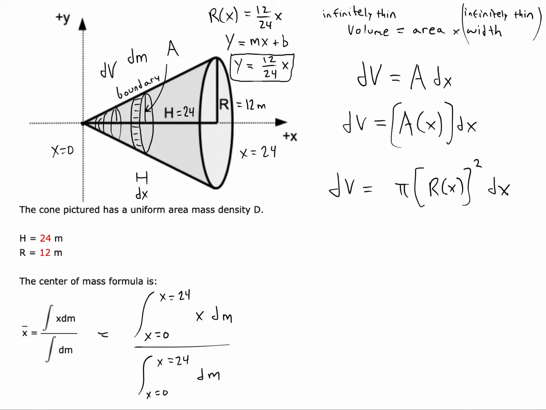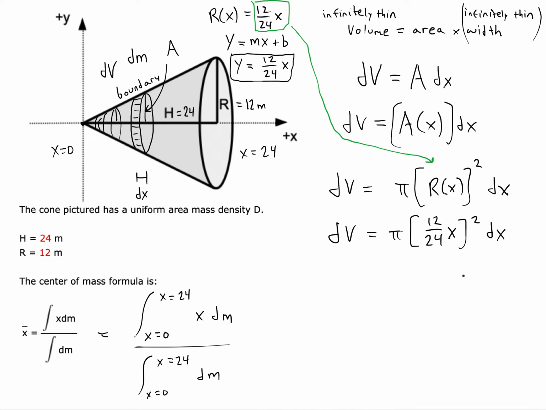But now that I have that 12 over 24x, that's what goes in here. It's all about making all these little substitutions until you get rid of all the other variables and just get it in terms of x's. And now I have that dv in terms of x.